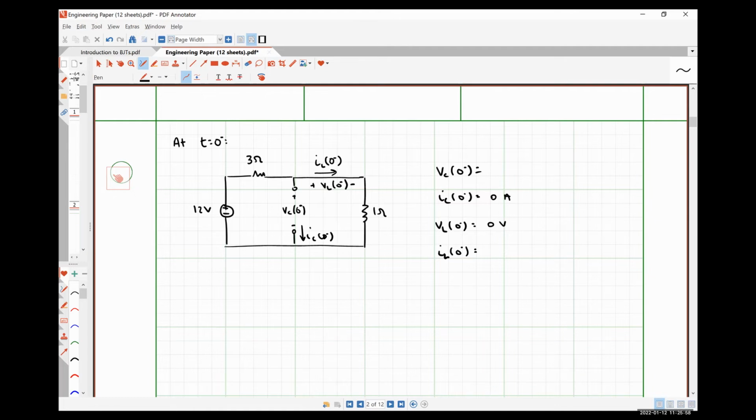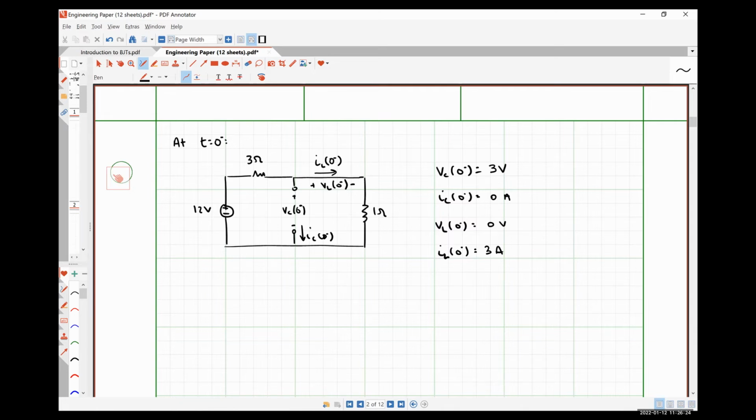And we're looking for the drop over a 1 ohm resistor when there is a total series resistance of 4 ohms. So it's just 12 times 1/4 is 3 volts. And then from that, we know that there must be 3 amps of current flowing through the inductor, or as Brandon suggested, we could do it the other way around.